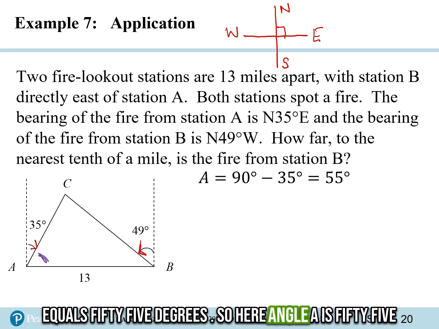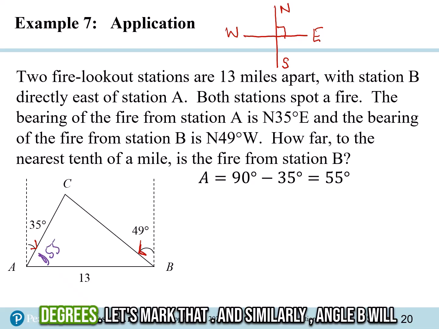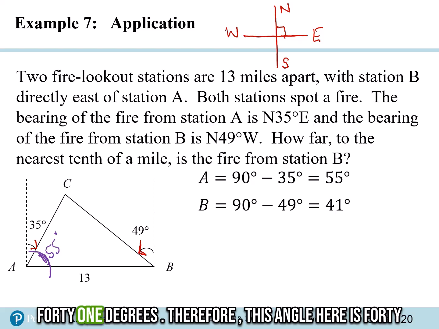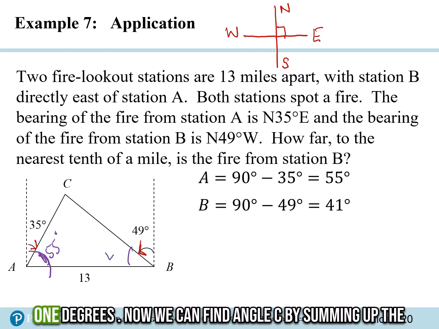So here angle A is 55 degrees. Let's mark that. And similarly, angle B will be 90 degrees minus 49 degrees, which is 41 degrees.